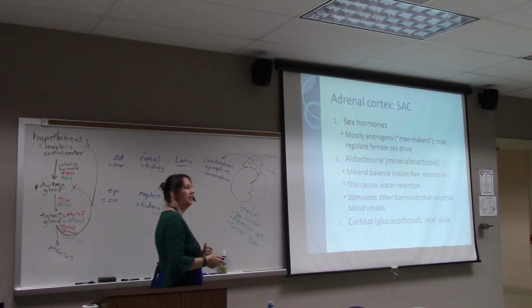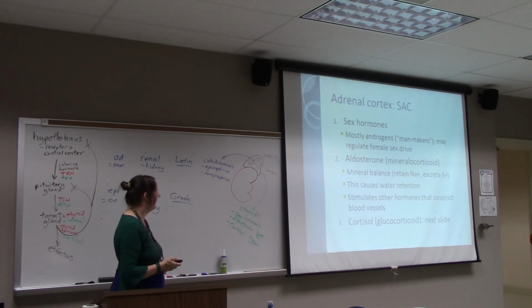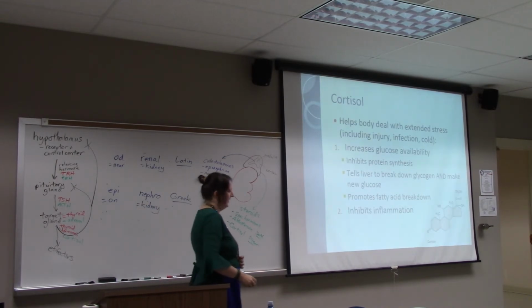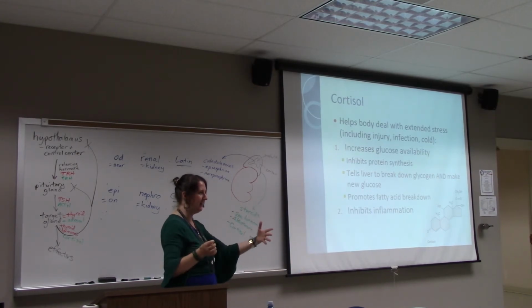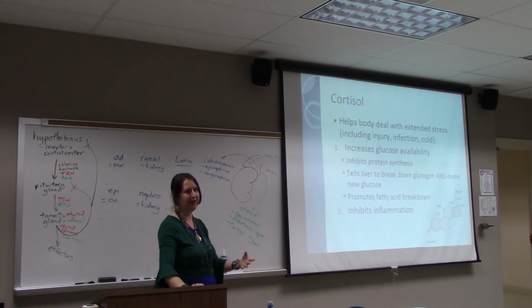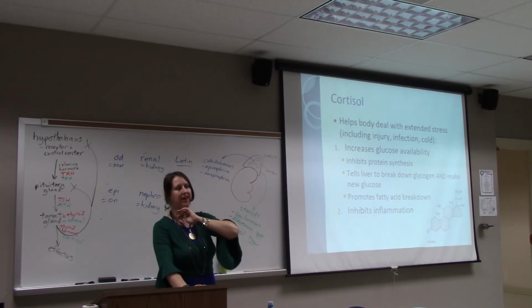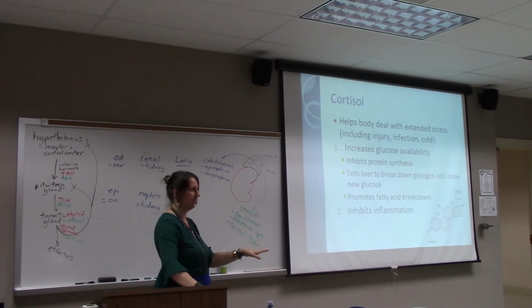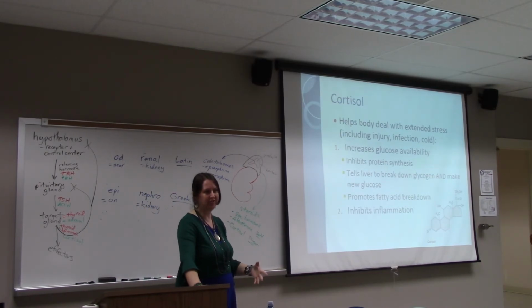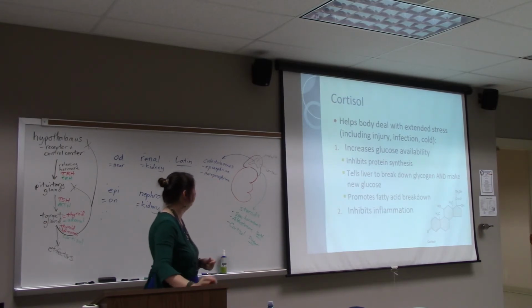So, a little more on cortisol, since it's the most complex. Cortisol is more for dealing with extended stress. So where epinephrine is, here's this danger right now, cortisol is something going on longer term, like having an injury or an infection or just being cold for a while.